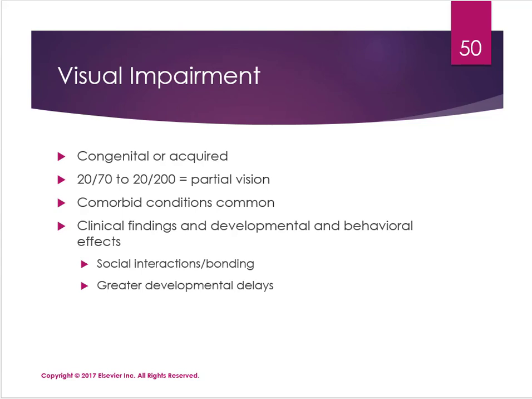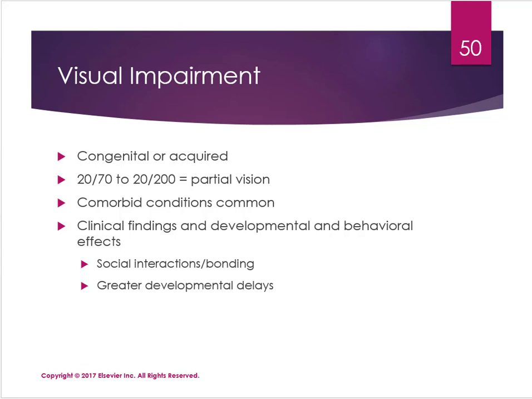So we all know that vision relates to cognitive functioning, and that it triggers curiosity, helps integrate information, and invites exploration for more than any other sense. So visual impairment impacts an individual's ability to successfully complete activities of daily life. It can be congenital or acquired. Impairment is defined as having vision that is 20/40 or worse in the better eye, even with glasses.